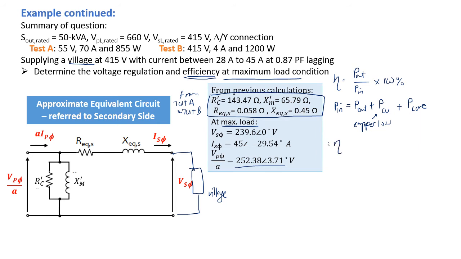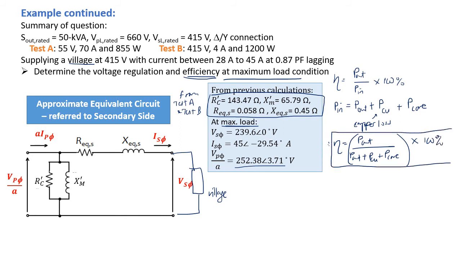So to get the efficiency, P out over P out plus PCU plus P core, and we multiply this by 100%. So that is the formula for efficiency.